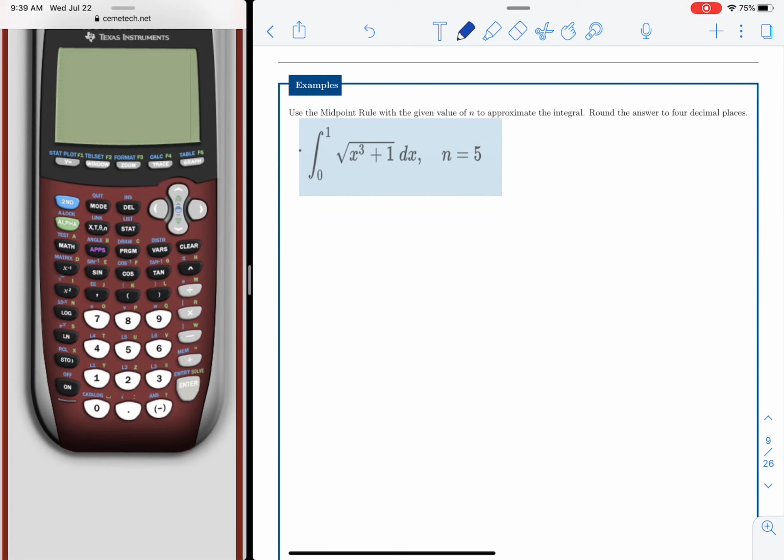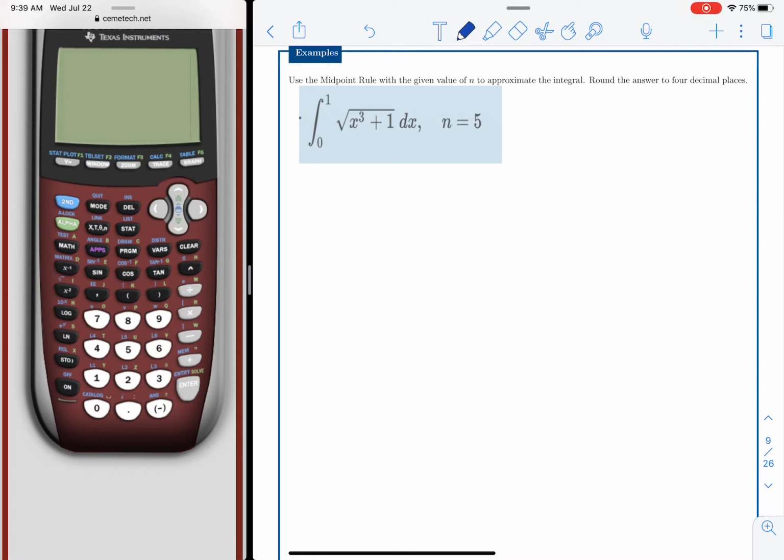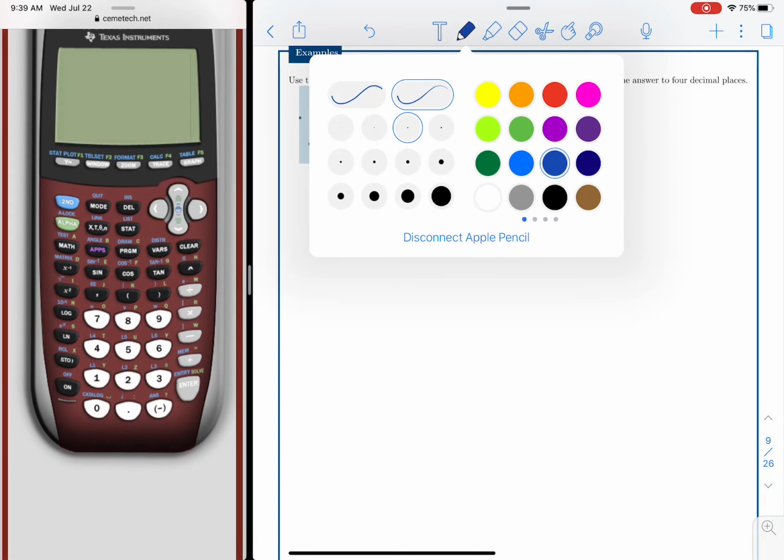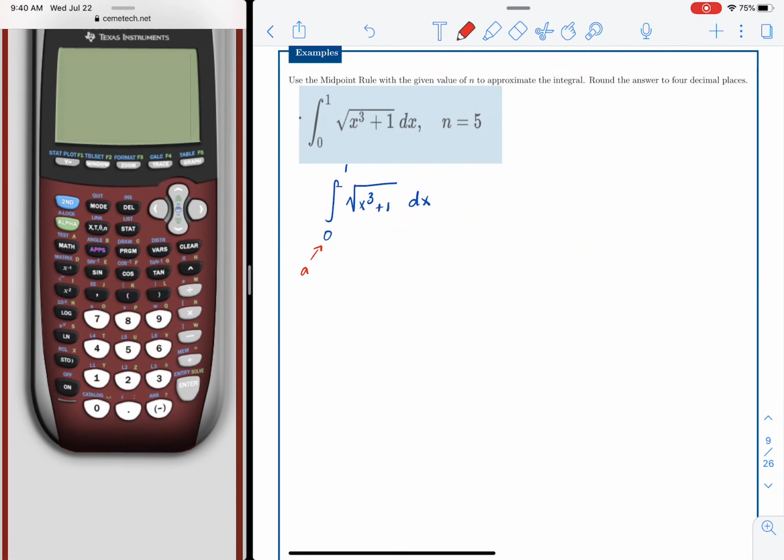So here is an example on the midpoint rule where we have to approximate the integral using n equals 5. So a is 0, b is 1.